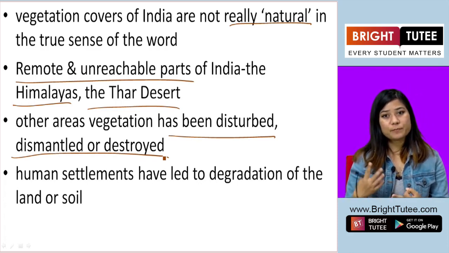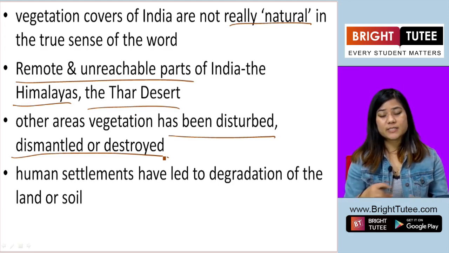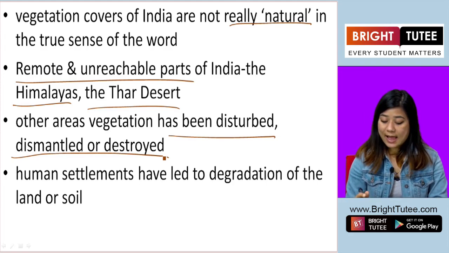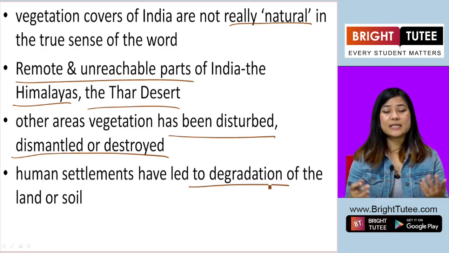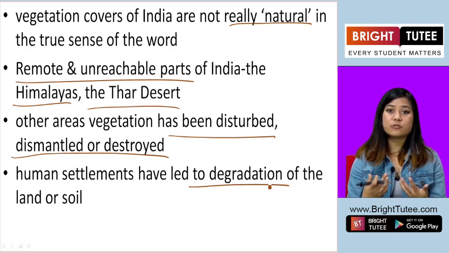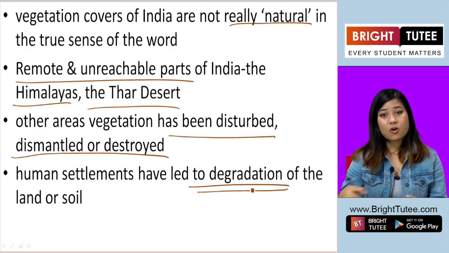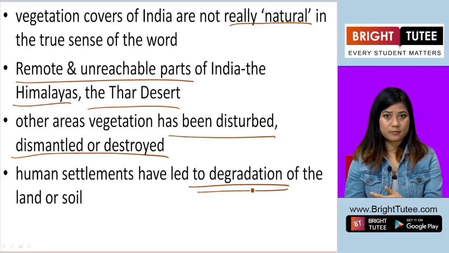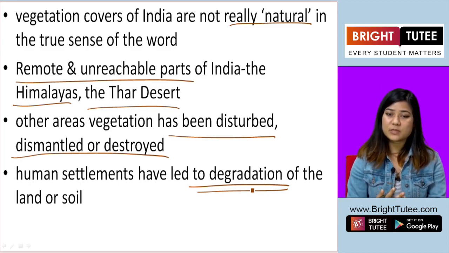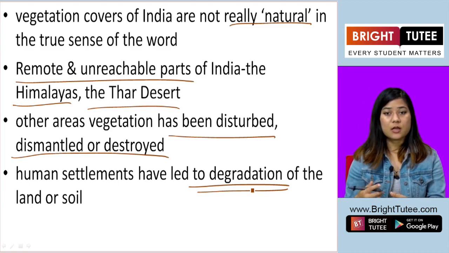With the need of people for wood, for other resources, the forests have been destroyed. The land and soil have been degraded. Okay, so basically the ecosystem has been destroyed, or degradation of the ecosystem has taken place because of human settlements, because of industrial growth and other such developments.